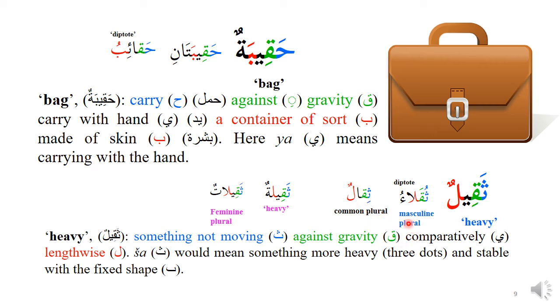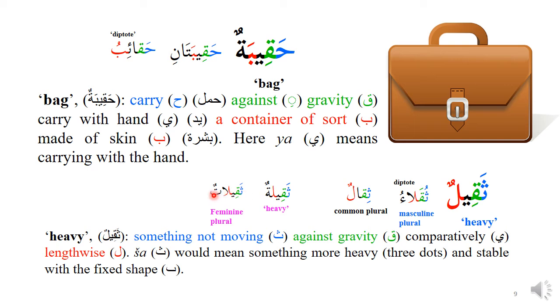And yeah, Arabic plurals are very interesting, I would say, and you have to practice this. So you have to remember that when the noun is feminine, then the adjective will also be feminine. The gender you have to follow.